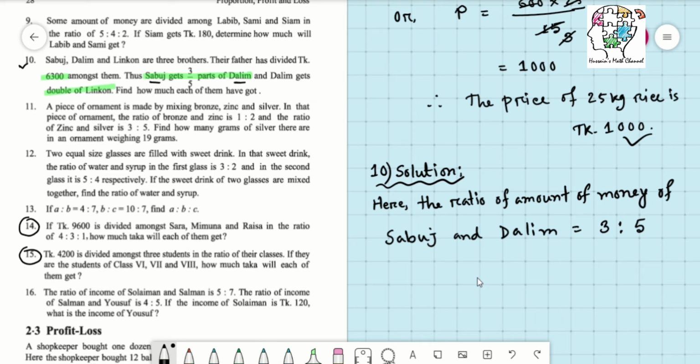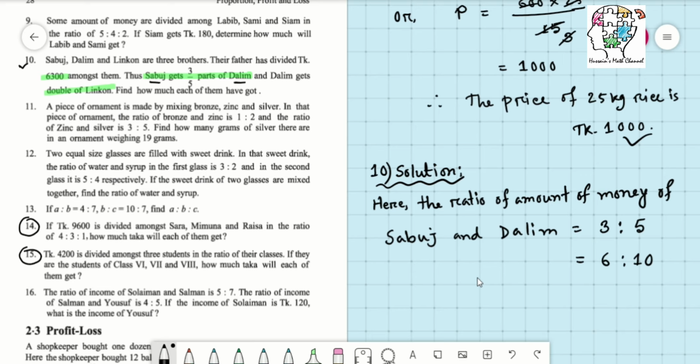Again, Dalim gets double of Lincoln. Now if we write it like this, if we double this amount, it will be 6:10.